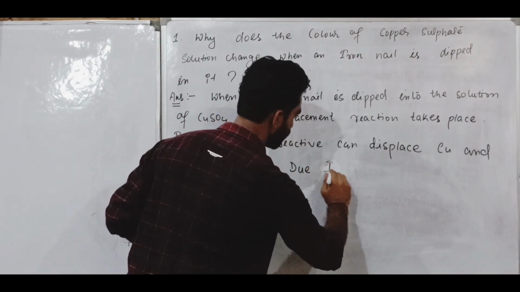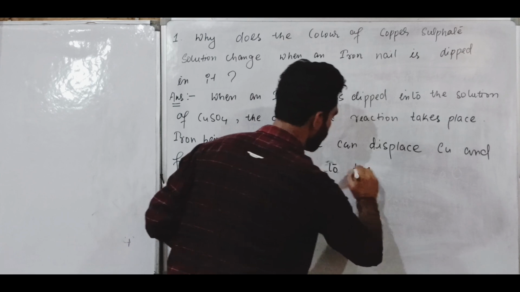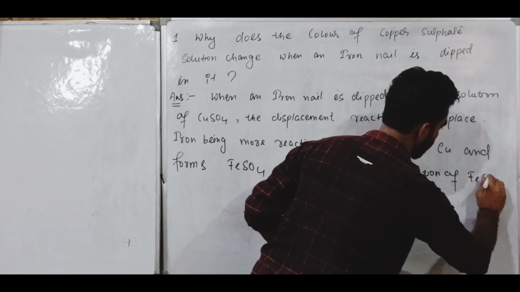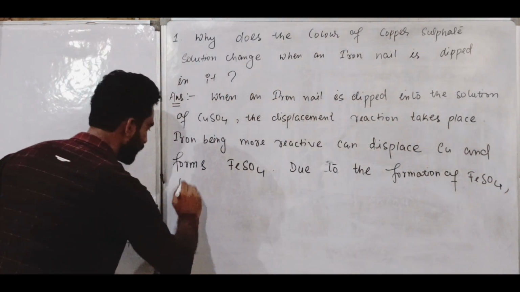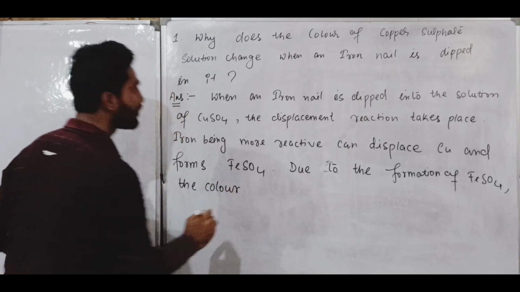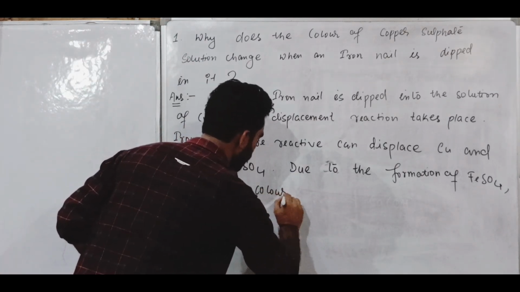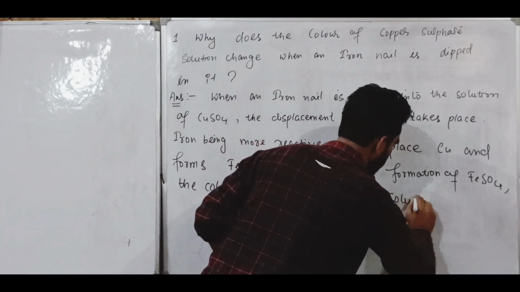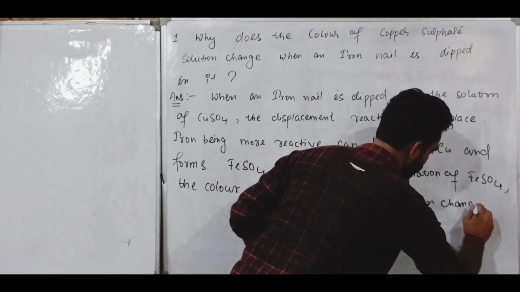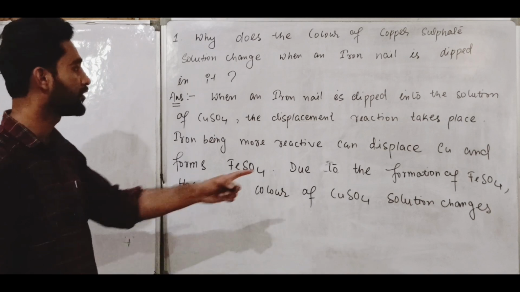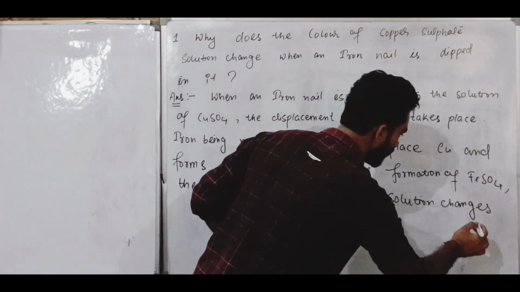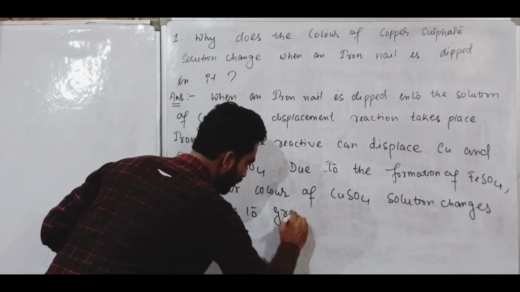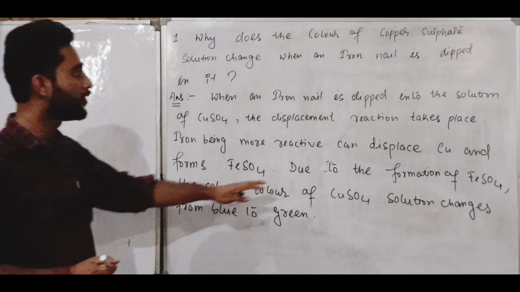Due to the formation of iron sulfate, the color of copper sulfate solution changes from blue to green.